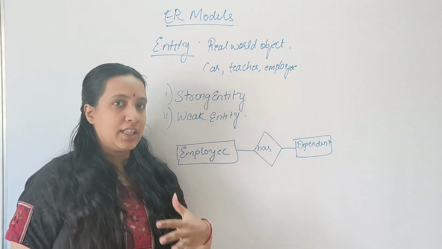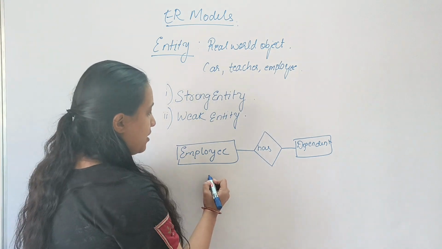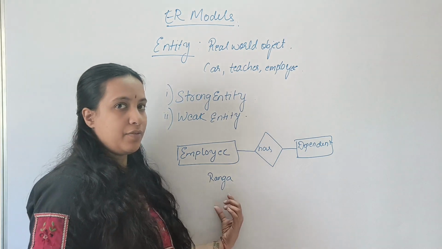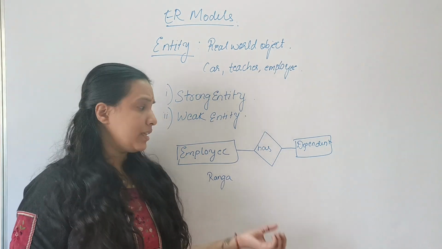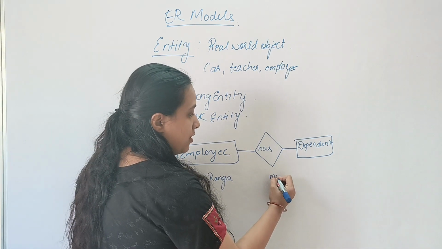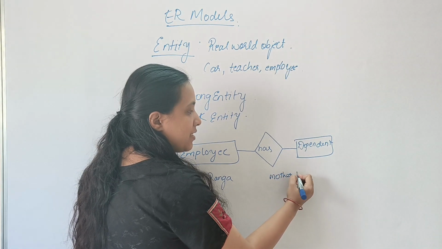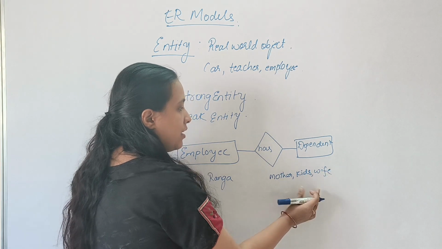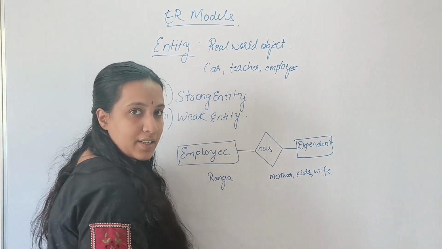Now suppose there is an employee, Ranga, who is working for an XYZ company. Now, who are his dependents? Maybe his mother, his kids, his wife. They are all his dependents. Correct?